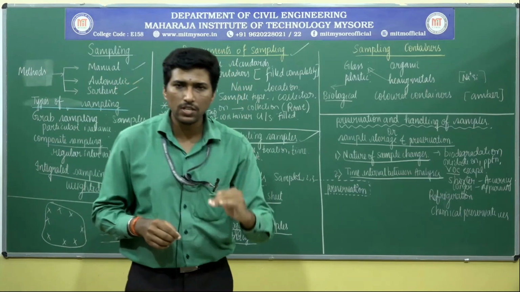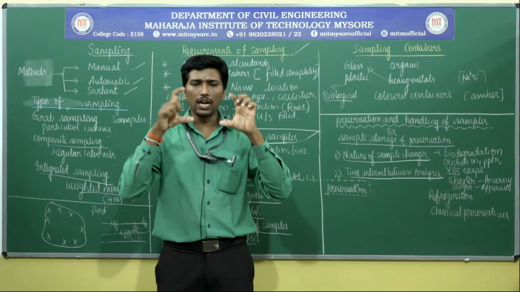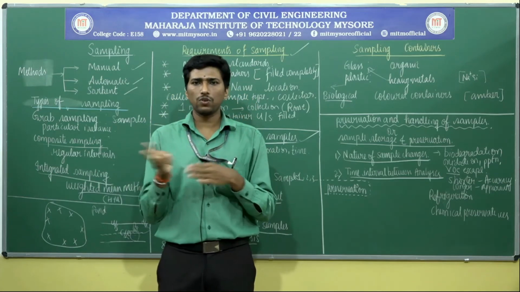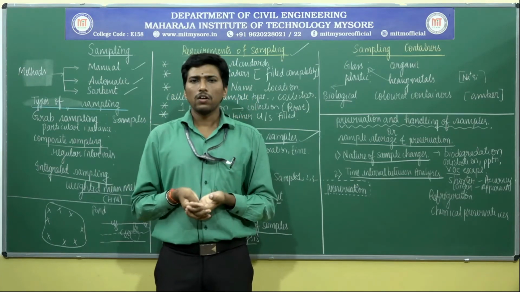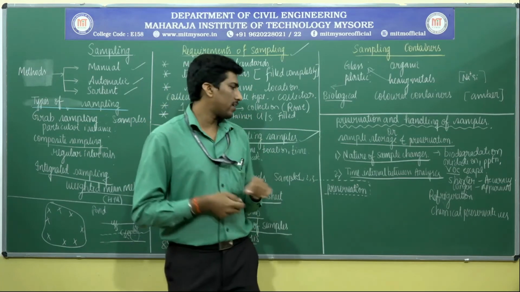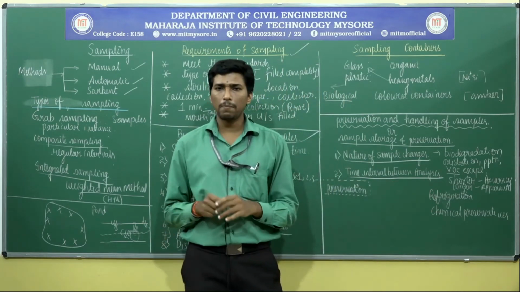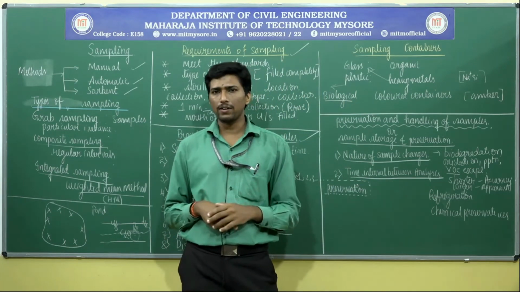Either if you decrease the temperature, we can go for preserving it. That means the rate of the reaction, the forward reactions or backward reactions that we have, will be stopped, or at least slightly retarded. For that purpose, you can decrease the temperature, which is an external factor.